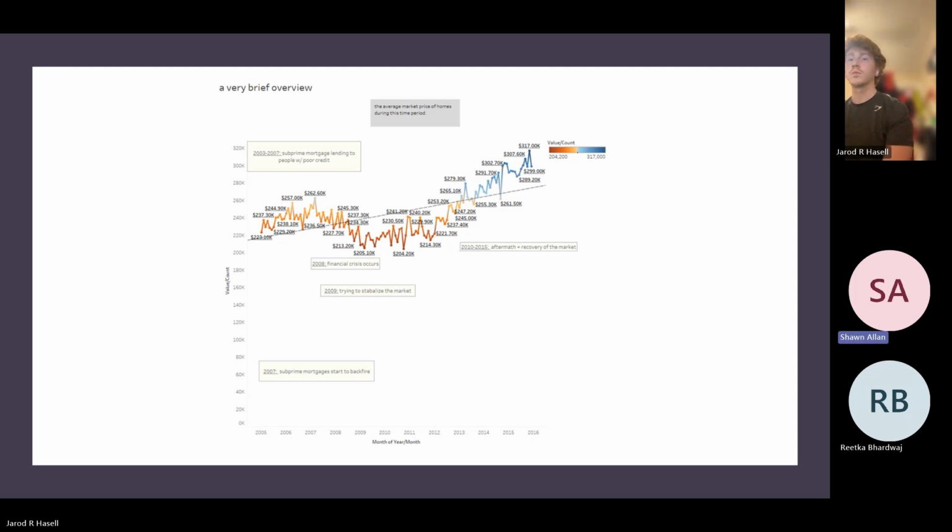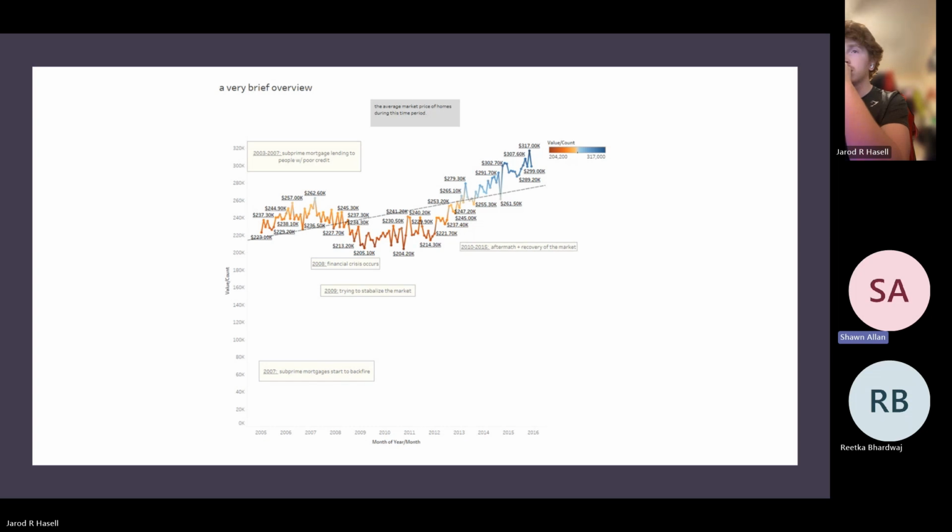In one of the text boxes, for 2003 to 2007, there was a big trend of giving subprime mortgage rates to people with rather low credit scores, with the assumption that prices would always continue to rise.